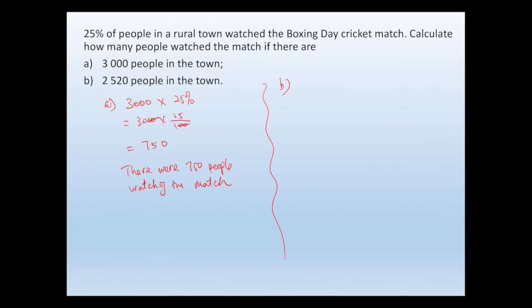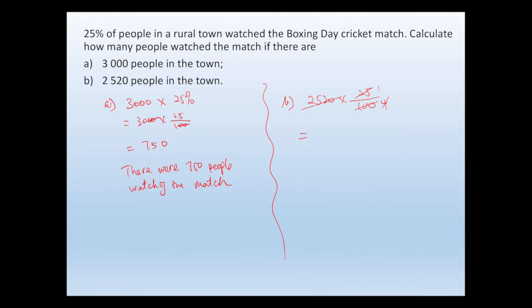Okay, what about part B? Right, for part B, we can use the same procedure. 2520 times 25 over 100. That will give me 25 over 100, that's 1 over 4.